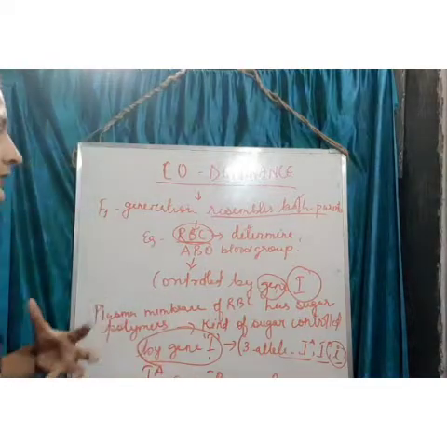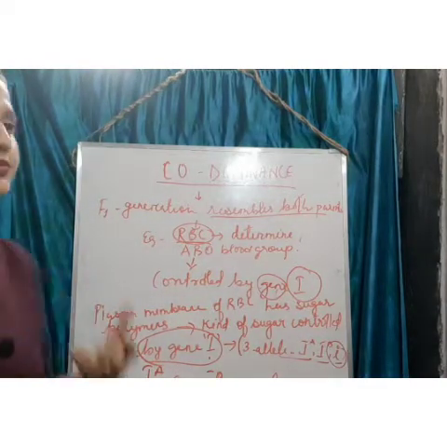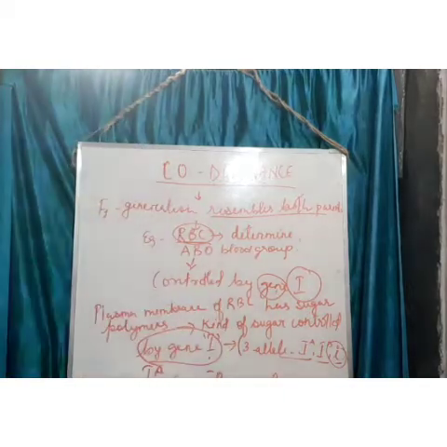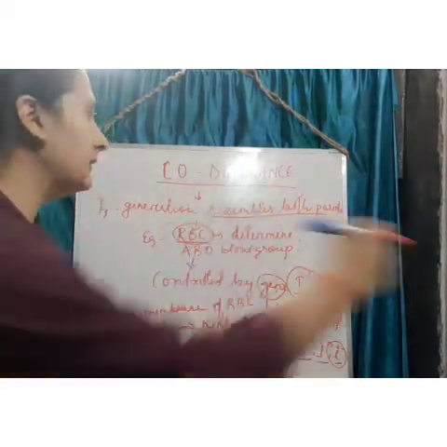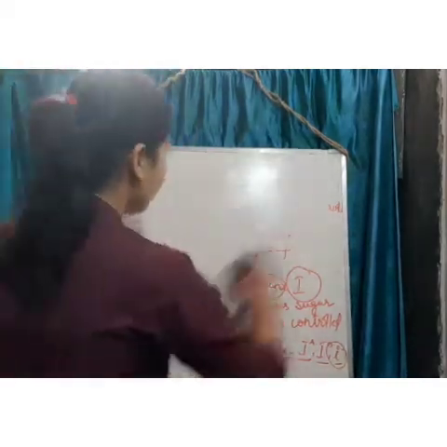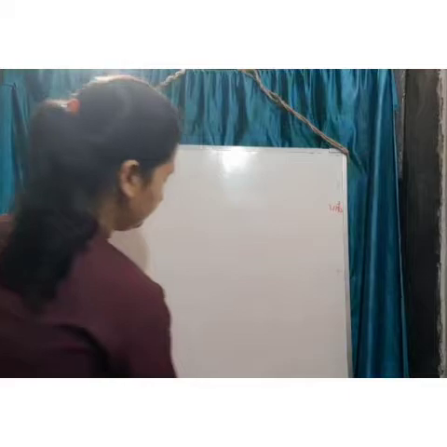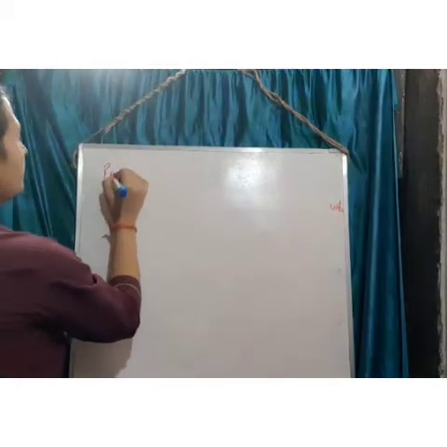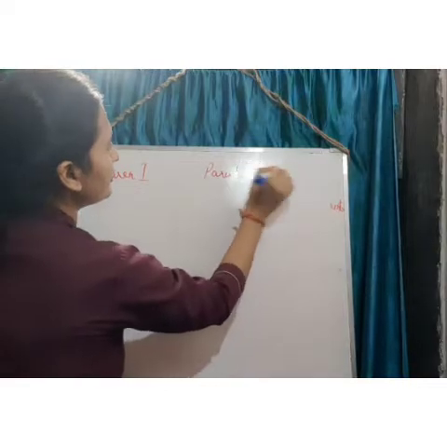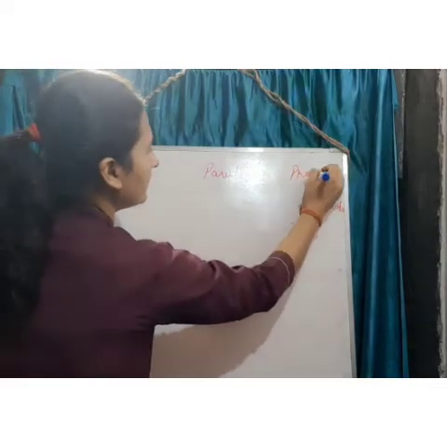Now let us see how this gene is expressed in human beings, or how it expresses the blood group. I hope with this you will be clearer about codominance. So say for an example, parent 1 and parent 2, and the progeny.